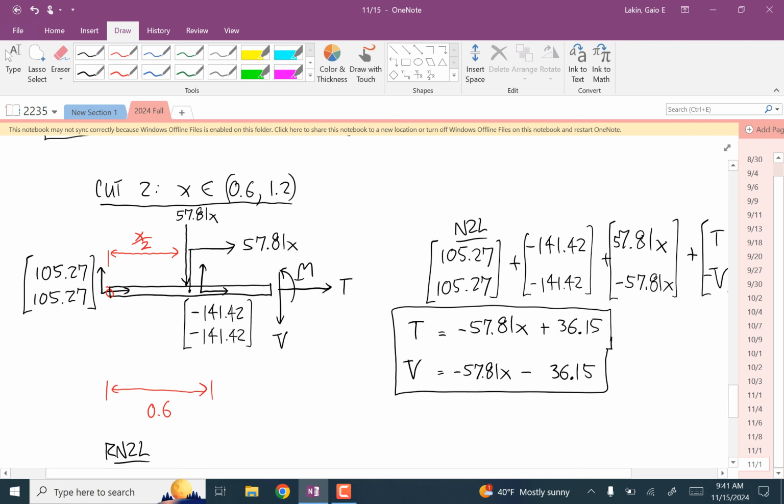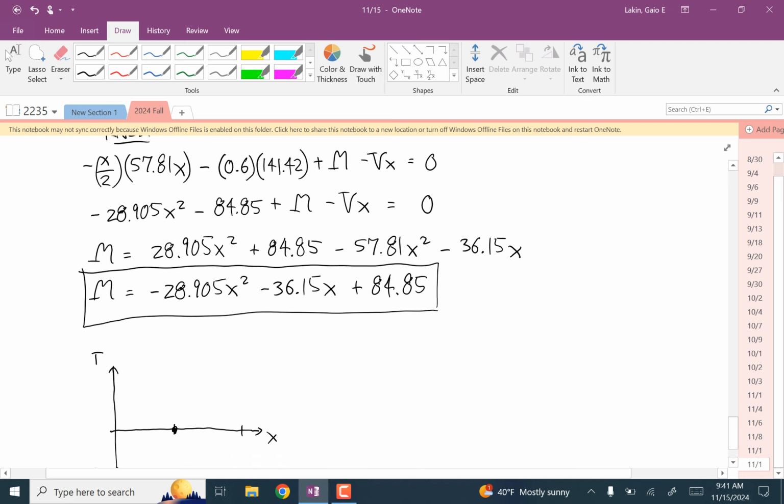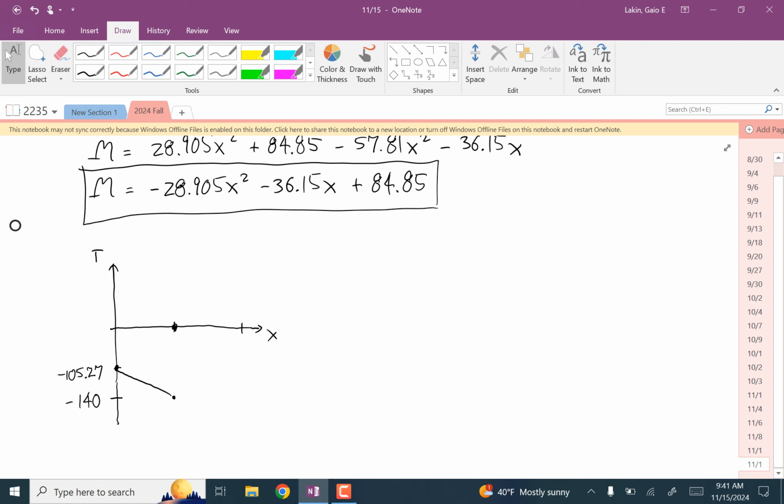And then we end up at negative 33 point something.